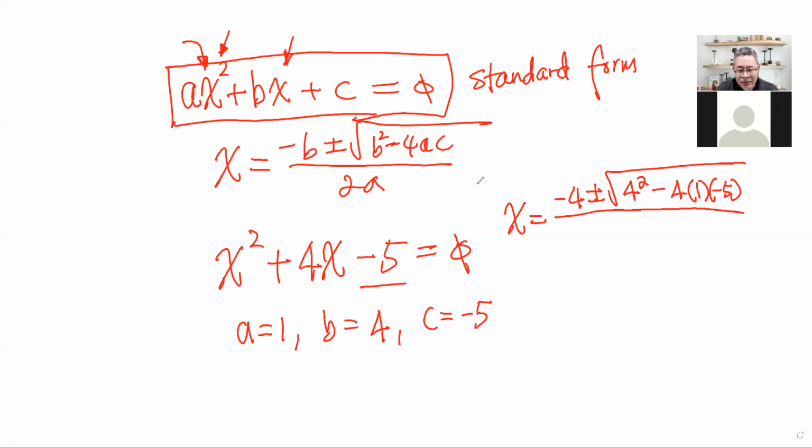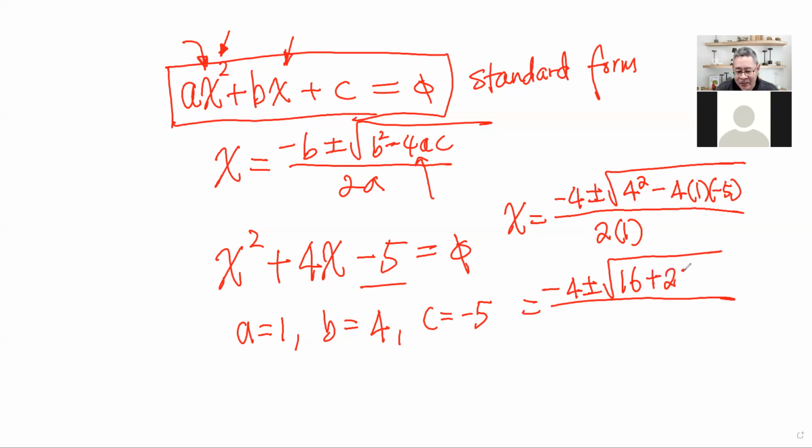Yep, we've got 4AC there. Over 2 times 1. So we have -4 plus minus the square root of 4 squared, which is 16. Then 4 times -5 is -20. So we have to add, right?